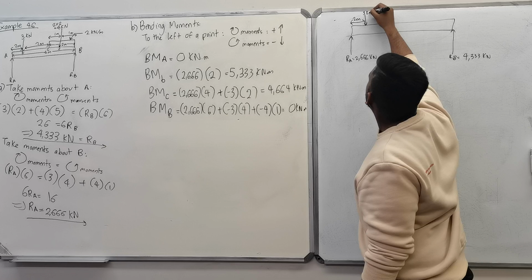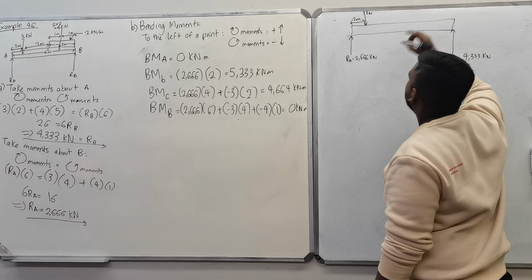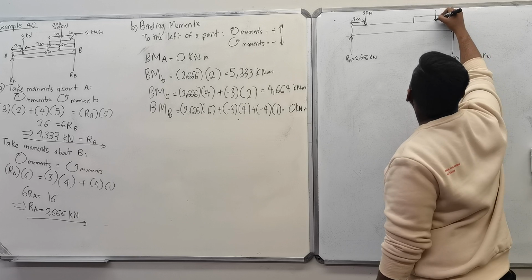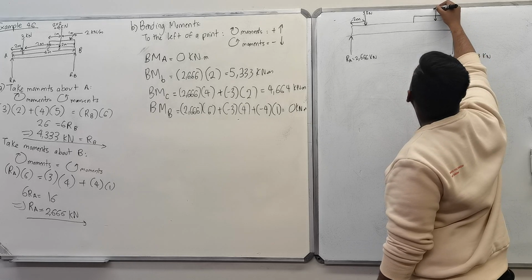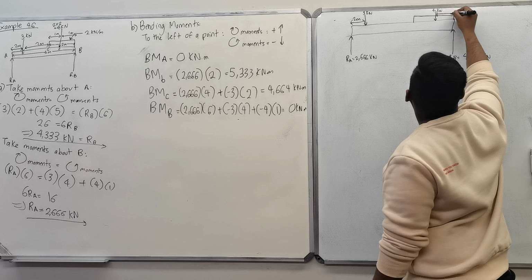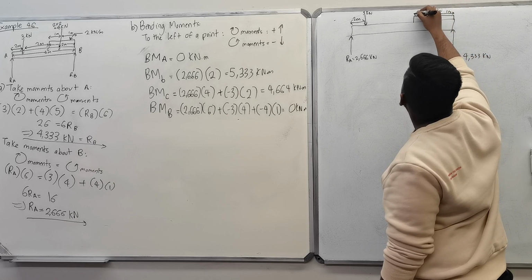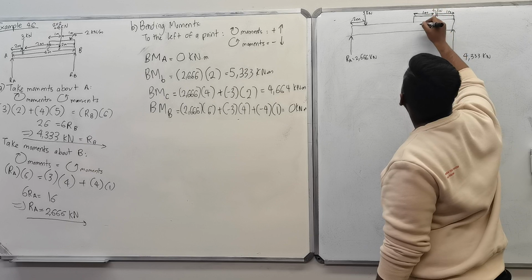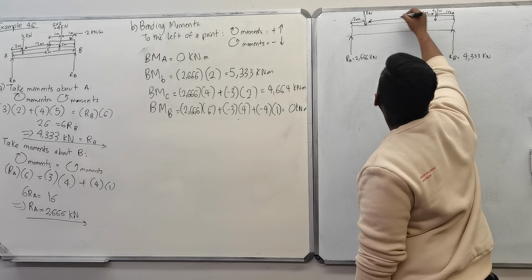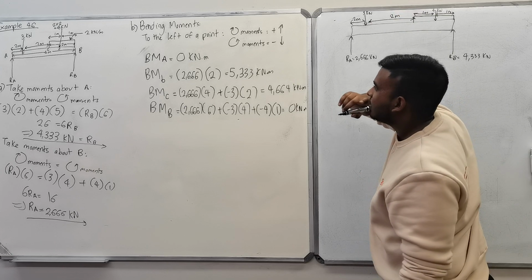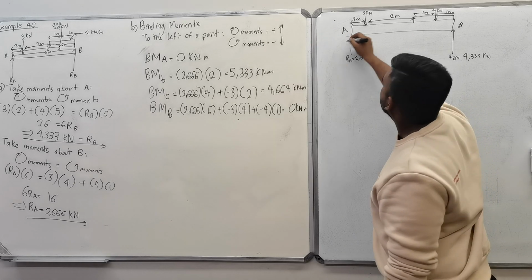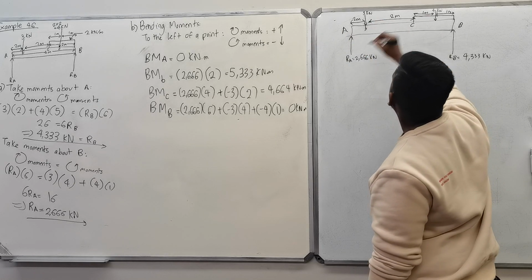You have this uniformly distributed load with a force of 4 kilonewtons. This is 1 meter, this is 1 meter, this is 2 meters, and A, B, C.